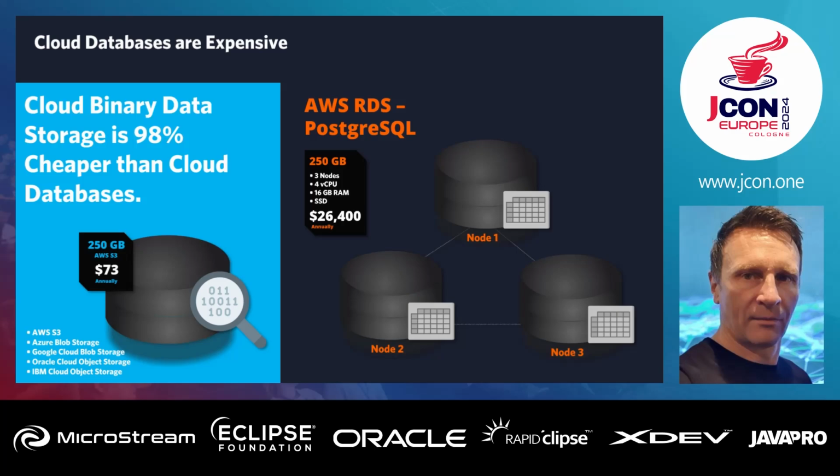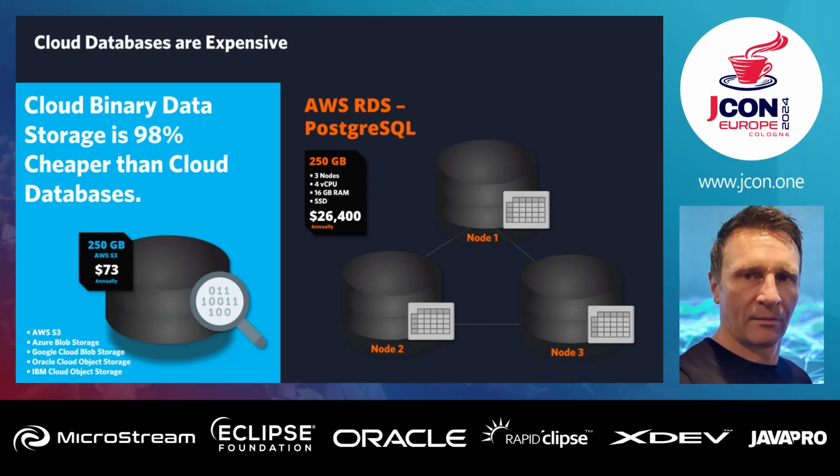And the cool thing is, with the database cluster, we have to care for everything ourselves: scaling out, scaling in, replication, data center replication, backups. So this has to be maintained by you. Cloud object storage is maintained and managed by the provider.